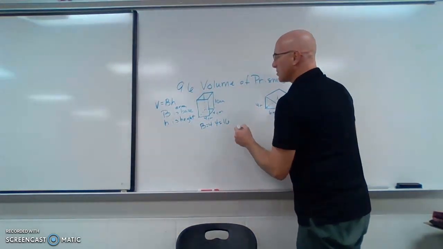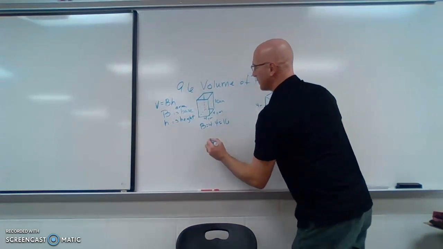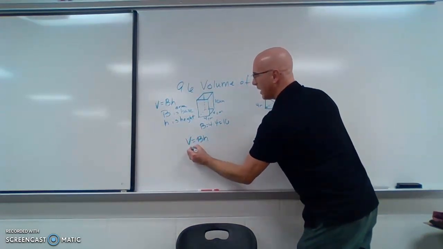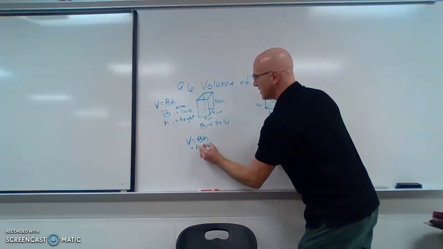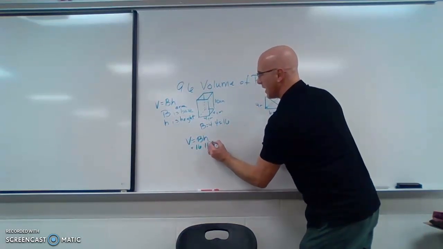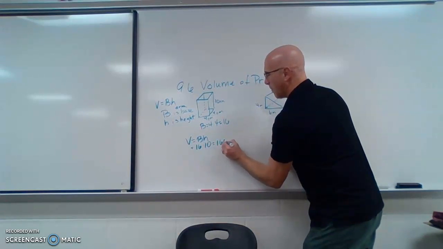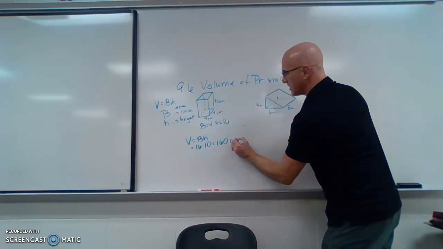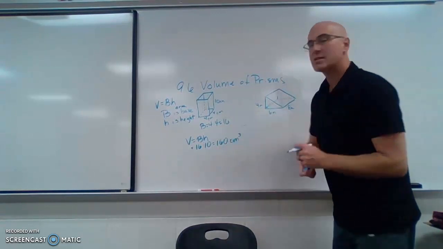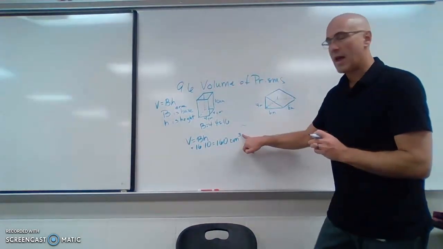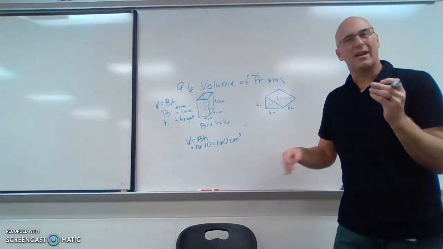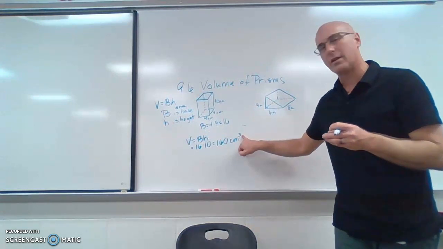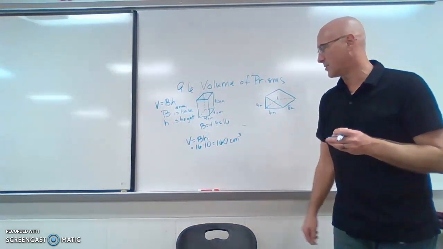Then I'm going to multiply it by the height. So we could say the volume is equal to the base times the height. The base is 16, the height is 10. Therefore, my volume is 160 cubic centimeters. Cubic, we have a 3, cube, and I think of the 3 as 3-dimensional. If we're talking volume, we're 3-dimensional, cubic centimeters.